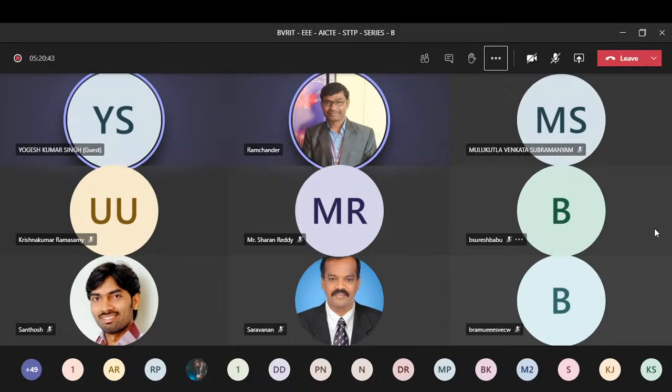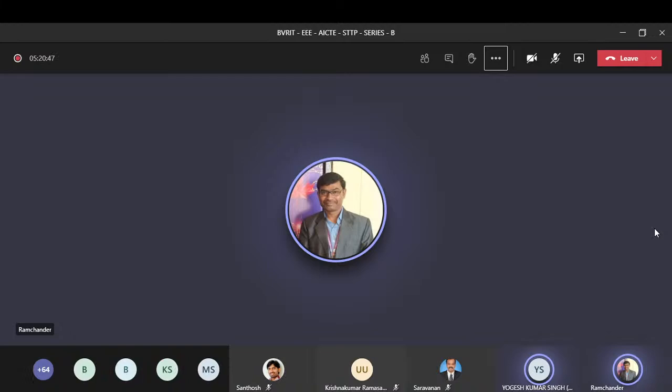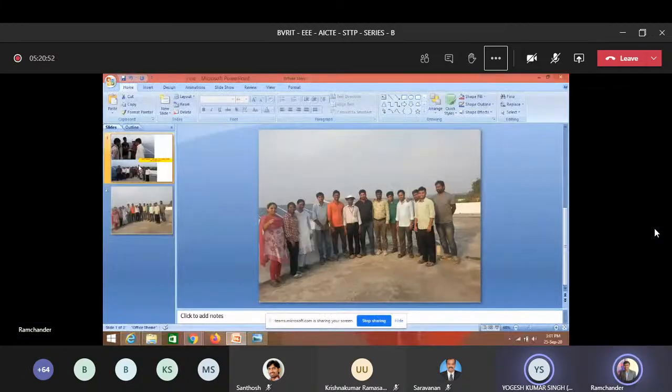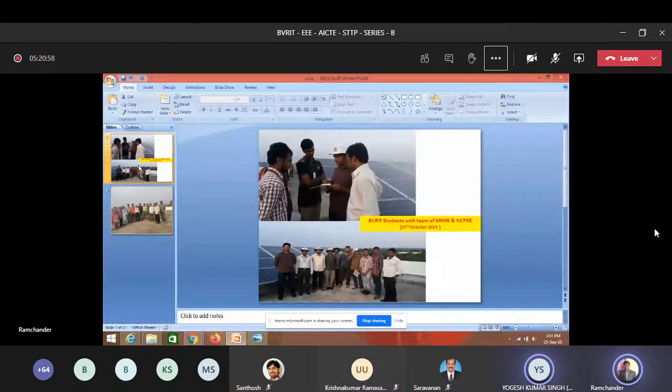Sir, we still remember your visit to BVRIT. In 2018 also, 2016 also. Yeah, in 2014 as well as 15. Please share, we are happy to share these photos. Sir visited the BVRIT solar plant during the All India Solar PV Module Degradation Survey.